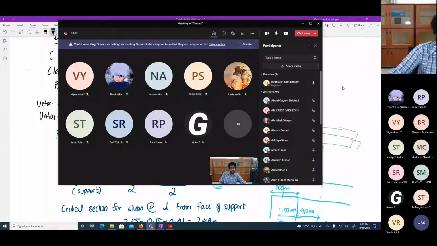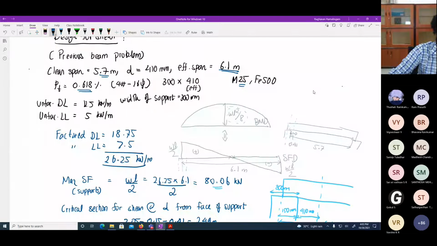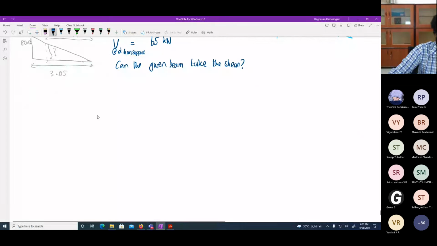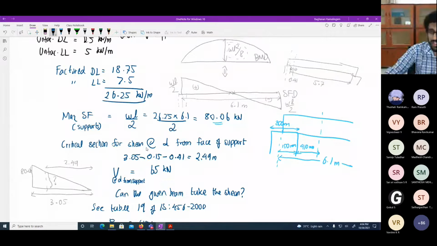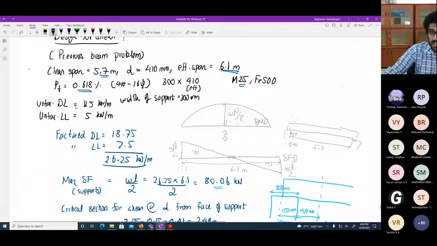So this PT is what was calculated previously when you designed for moment, and the grade of concrete is M25. So when you go to this table 19 of IS456, you will have a list of percentages of steel and several grades of concrete. Like that, when you see, I have some values for 0.5 PT and 0.75 PT.